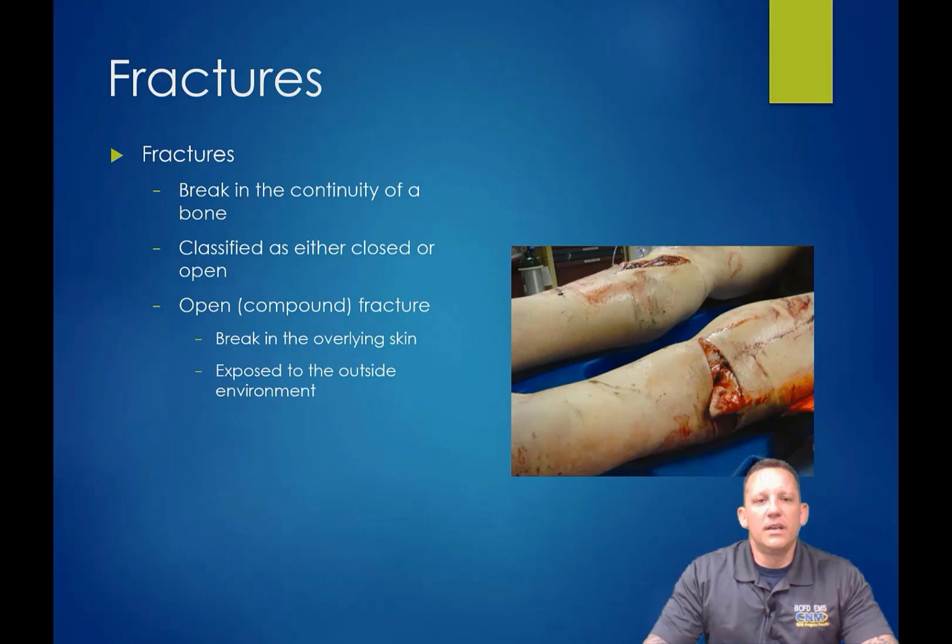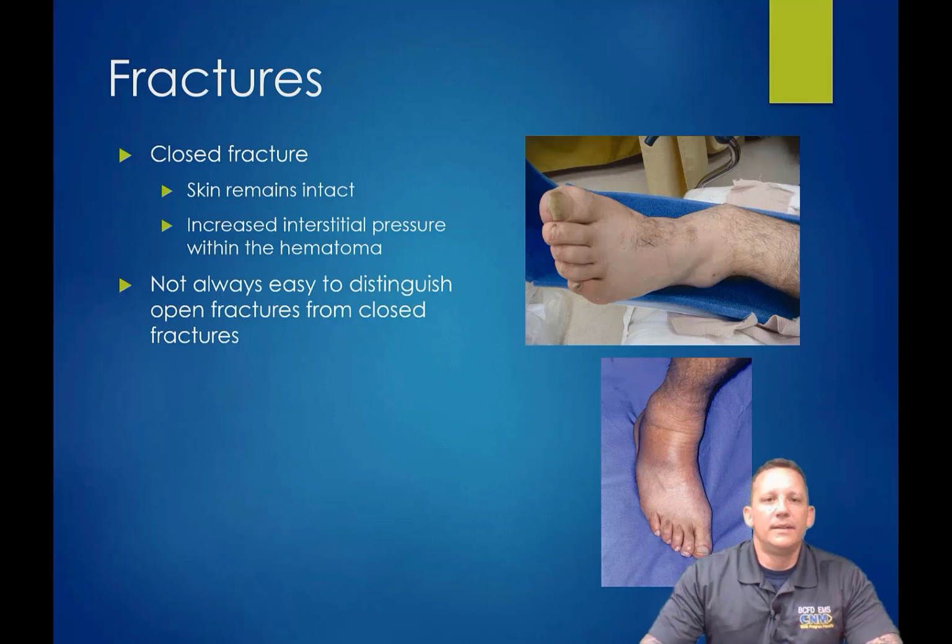And if it's closed, that means that we have that break, but we've not actually penetrated or caused an opening in the soft tissue around that particular bone. We call open compound fractures, and again, that's because the break in the overlying skin and the bone has been exposed to the environment or any kind of pathogen or contaminants.